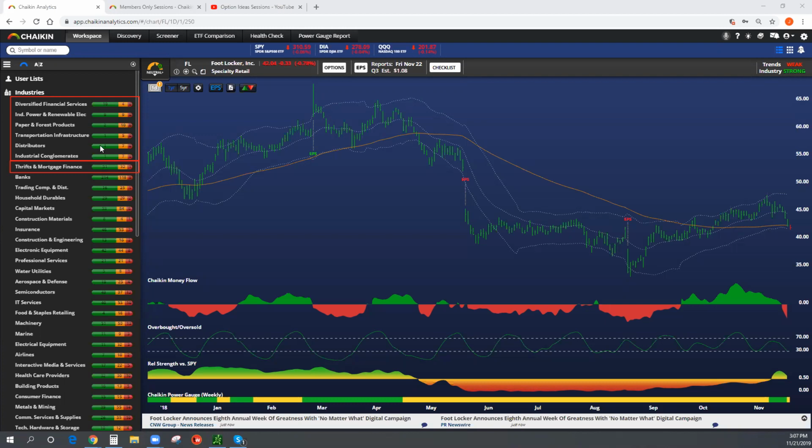And some of these industries you'll see are at the top because they have one bull and 0 bears. So their ratio is 1 bull, 0 bears, 1-0, right? 1 to 0 is a better ratio than 51 to 1.